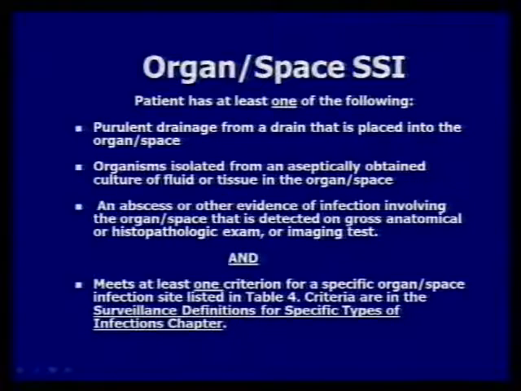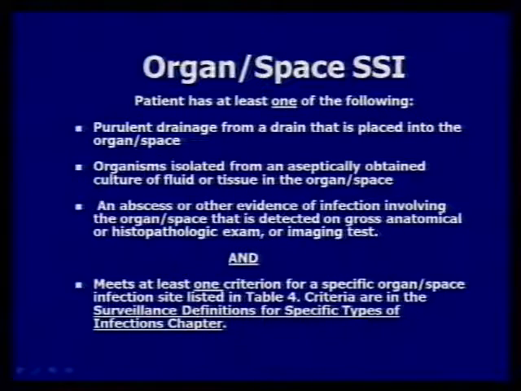And in most of these patients, they're either going to be back in the OR for that culture to be taken, or it's going to be a CT-guided aspirate. So we're pretty comfortable that that has been obtained in the right manner. Or they can have an abscess or other evidence that's found on anatomical or histopathological exam, or again by imaging test.